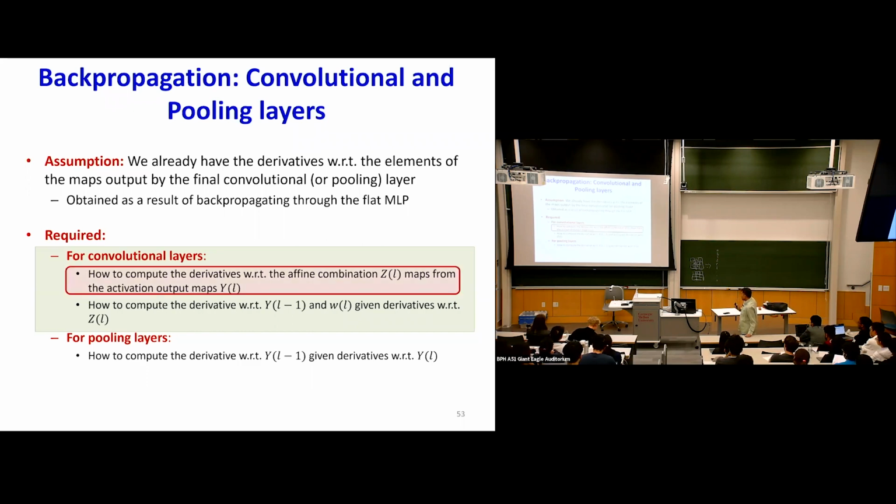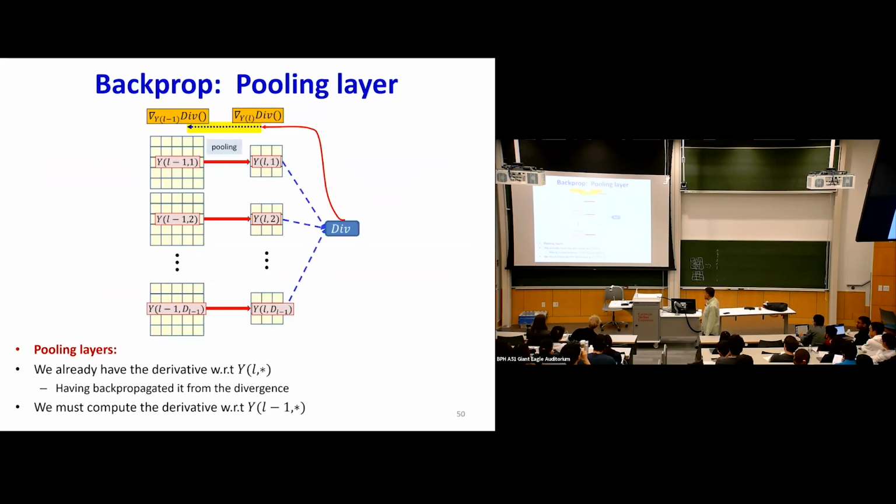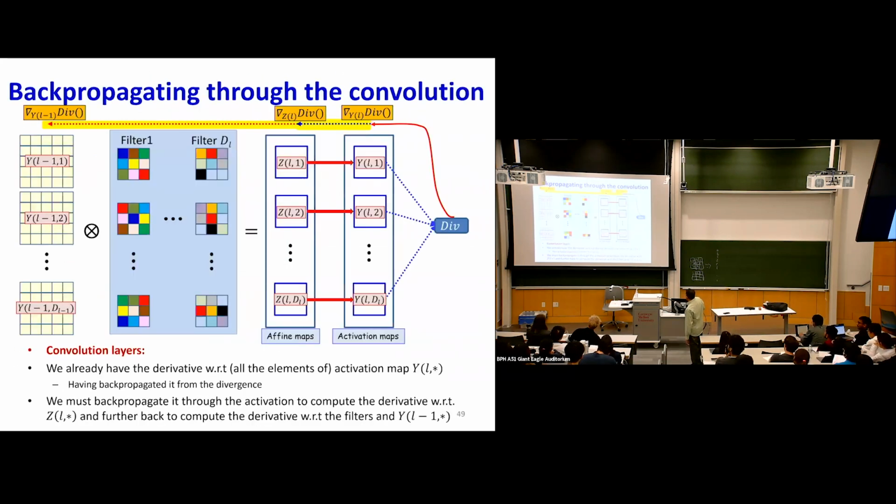Now over here, when you're performing backpropagation through the convolution layers, there are two steps. First, we have to figure out how to backpropagate from here to here through the activation. Then we have to figure out how to perform backpropagation from here back to here through the filters to the previous layer.